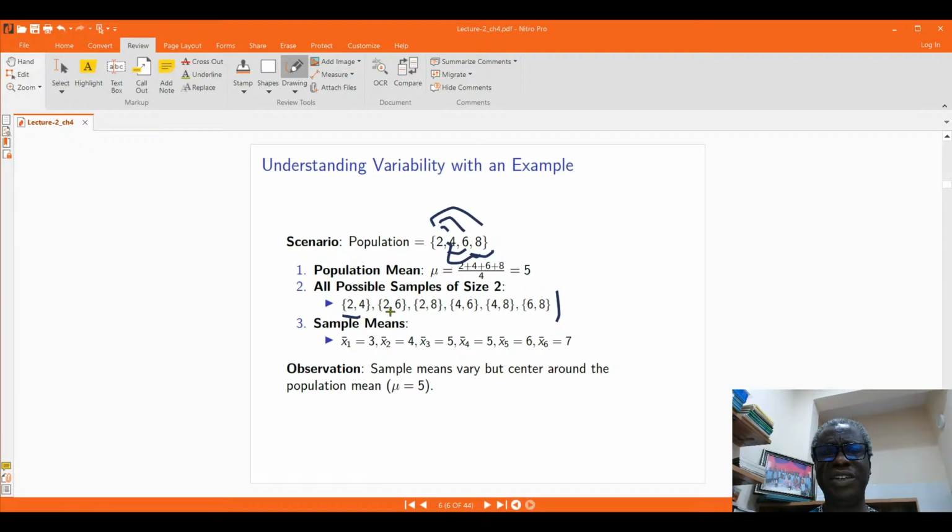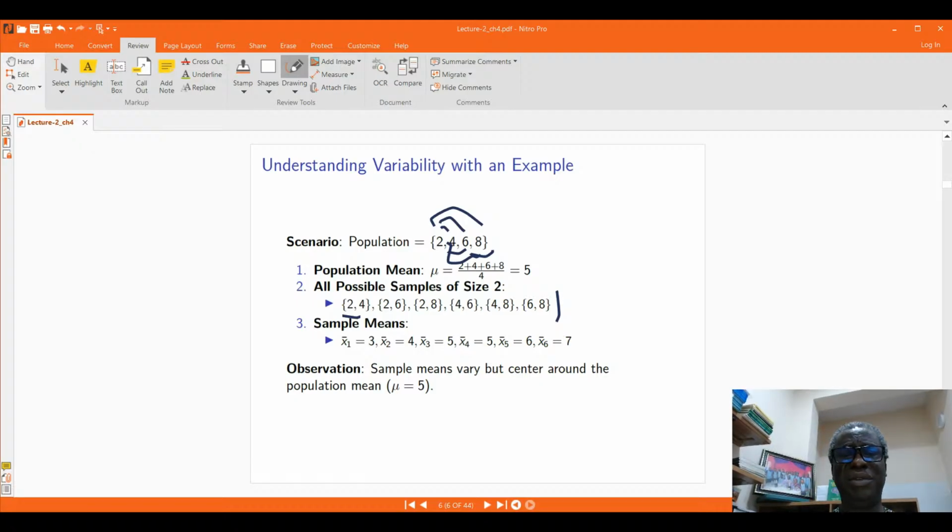The sample average for this is x bar 2, which is 4. This is x bar 3, which is 5. This is x bar 4, which is 5. This is x bar 5, which is 6. This is x bar 6, which is 7.